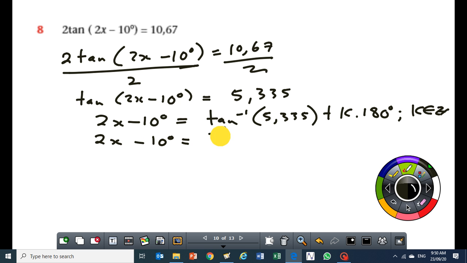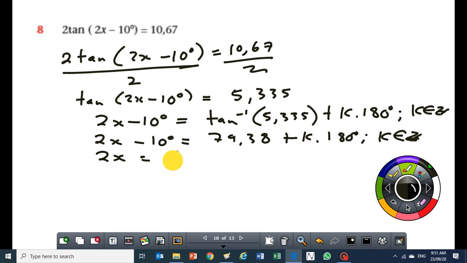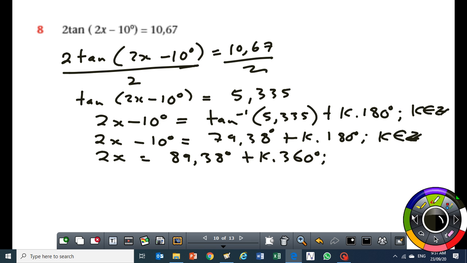It is 79.38 degrees plus k times 180 degrees, where k is an integer. Then you solve this now. You take the minus 10 to the right, you'll be left with 2x, that will give you 89.38 degrees plus k times 180 degrees, where k is an element of integers.